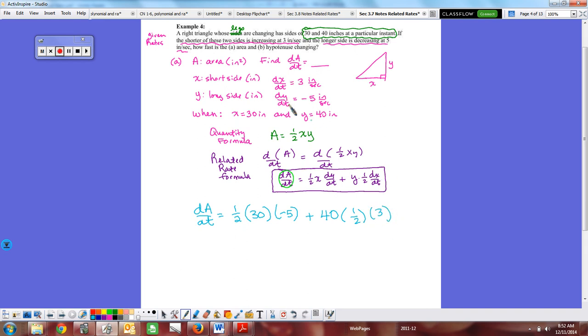Once you get this part of the information down, then it's simply plug and chug. And so we simplify it out. You should end up with -15 inches squared per second, because it's changing area.